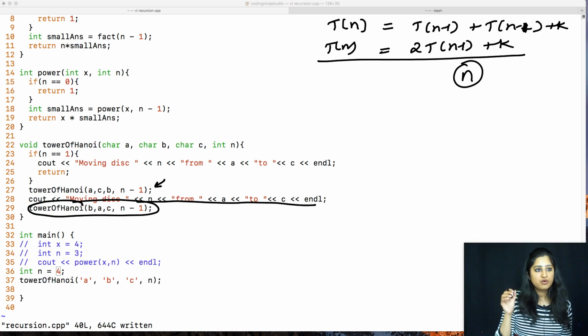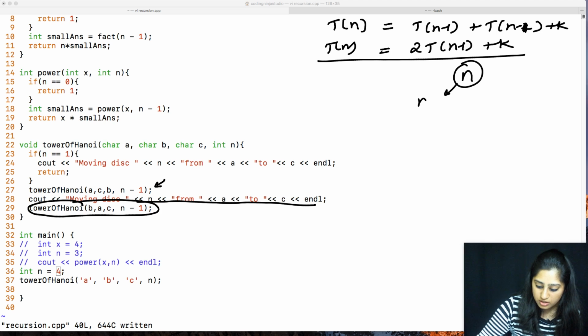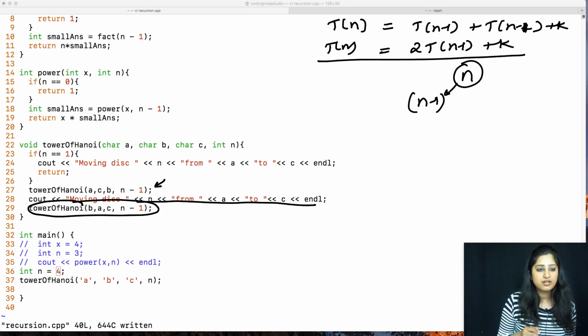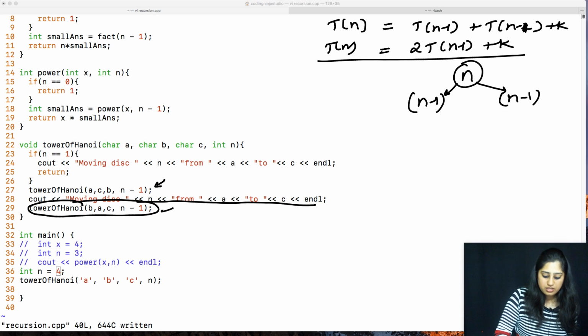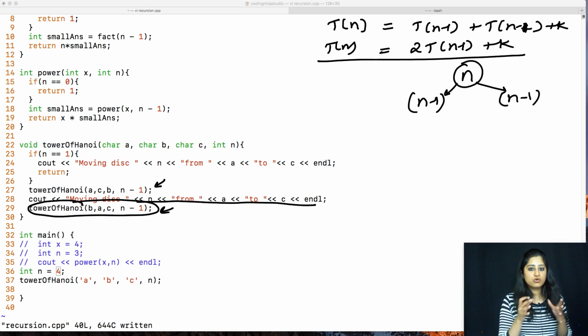So in order to solve Tower of Hanoi n, I was first making a call to solve the Tower of Hanoi problem for n minus 1 disks, move them from A to B, and I had to make another call to move those n minus 1 disks from B to C. So I had to solve two problems of size n minus 1 in order to do that.